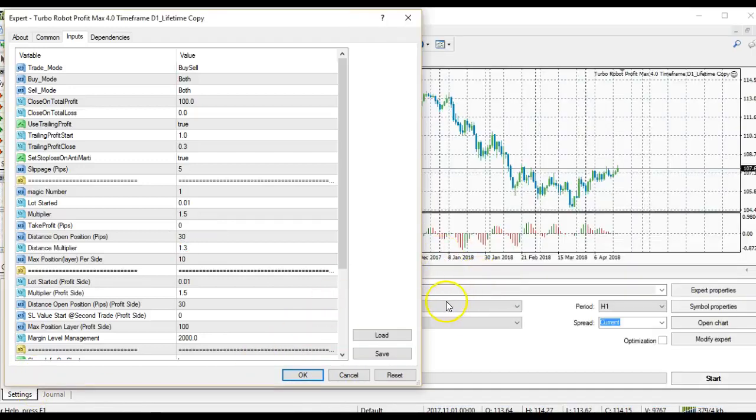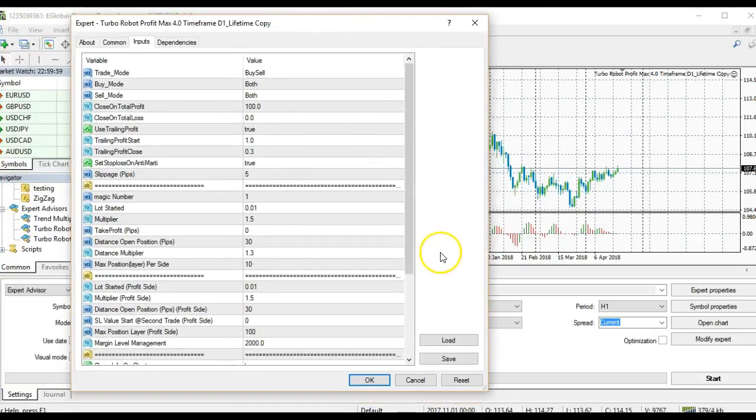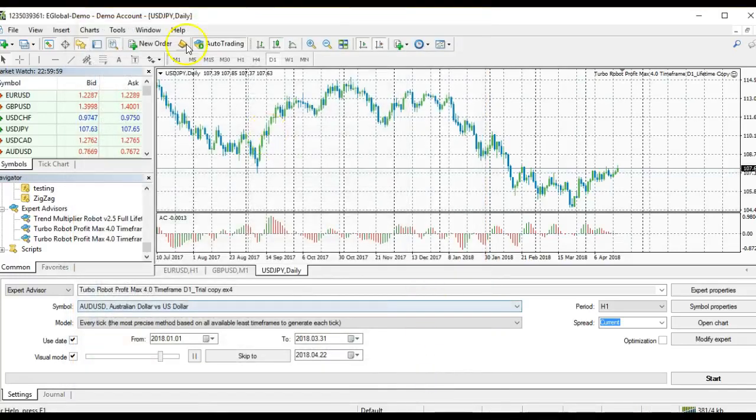So in this portion I will be teaching you how your settings work and how to better understand the trailing profit, using the tester. We will be using the tester for you to test your settings. All right, if you are familiar with it, you can click this strategy tester.